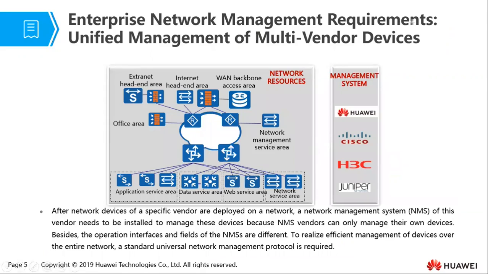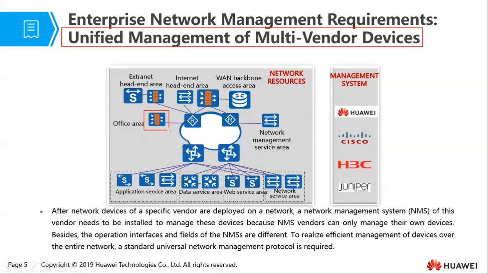Okay, so enterprise network management requirements. So you want a unified management of multi-vendor devices. So within your network, most of the time, you're going to have devices from different vendors.